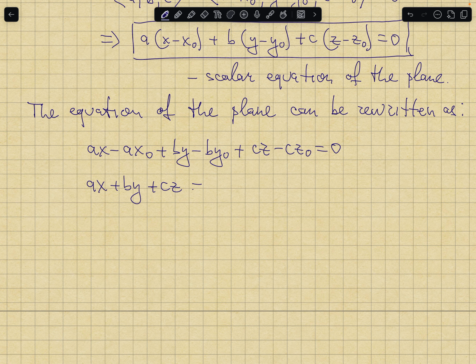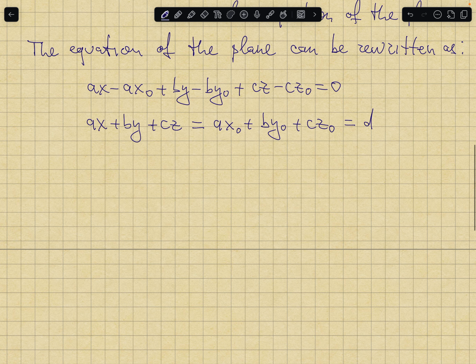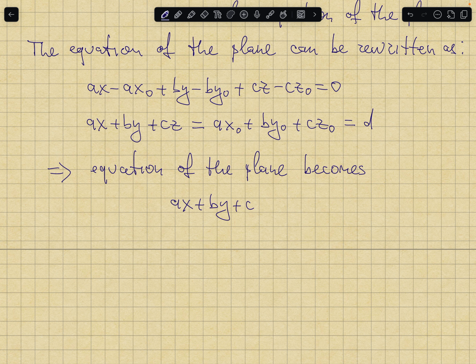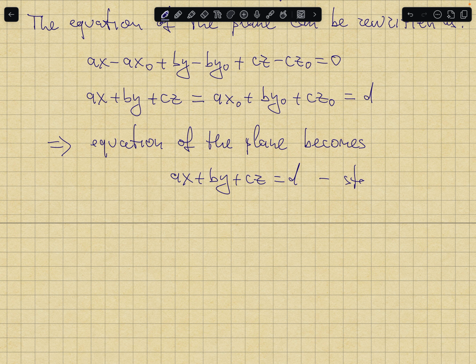So if on the left I only keep terms that involve variables, then on the right I will move everything that is just a constant, so Ax0 plus By0 plus Cz0, and I'm going to call that constant D. And so the equation of the plane takes the form Ax plus By plus Cz equal to D, and this would be an equation of the plane in the standard form.